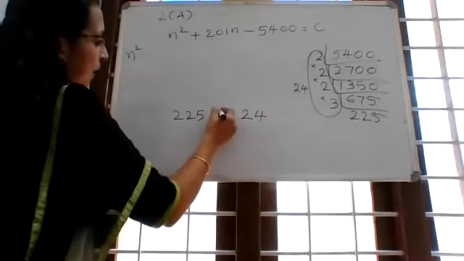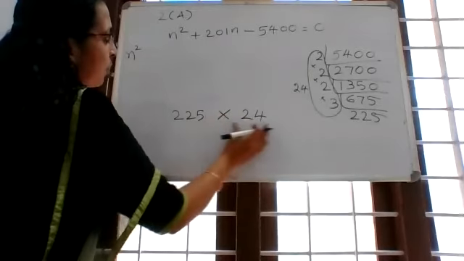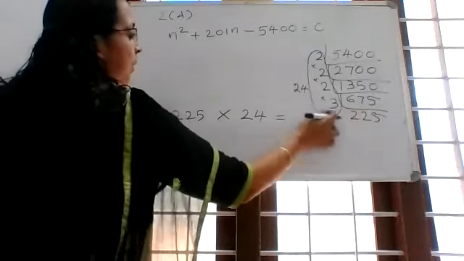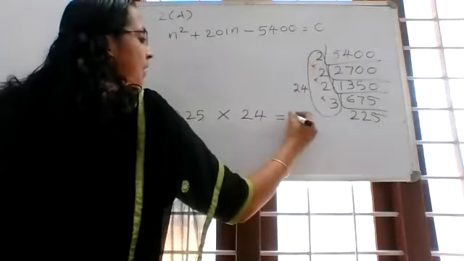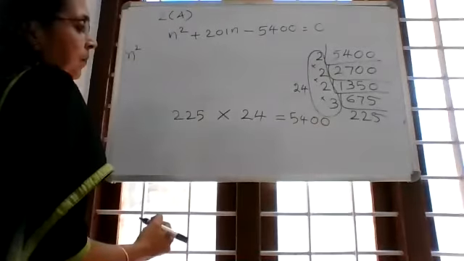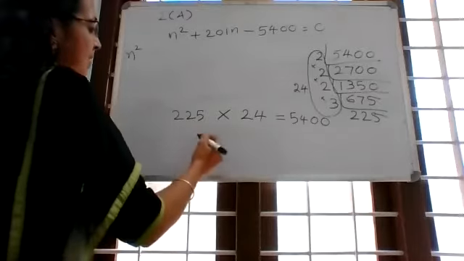If we multiply 225 and 24, we will get the answer as 5400. Clear? Yes. Next is what?